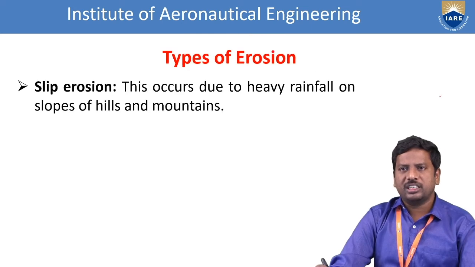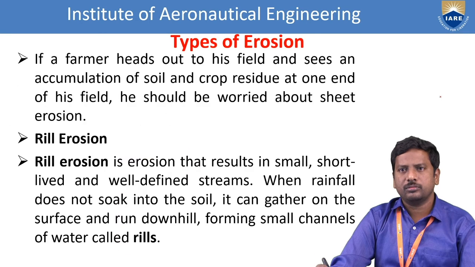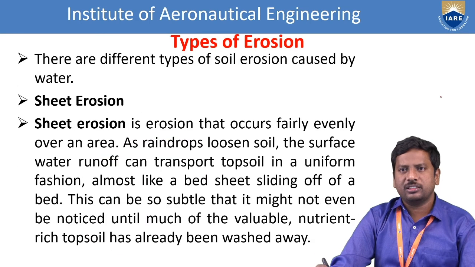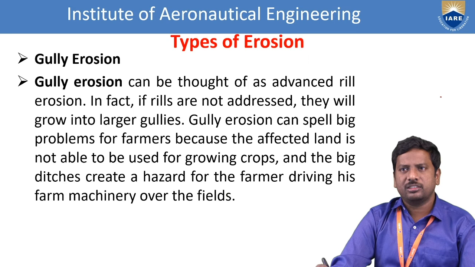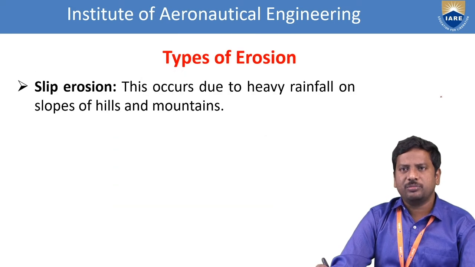And the next one is slip erosion. This occurs due to heavy rainfall on the slopes of hills and mountains. So this is about the total types of erosion. The first one is soil erosion, and this soil erosion is classified into the following types: sheet erosion, rill erosion, gully erosion, bank erosion, and slip erosion.